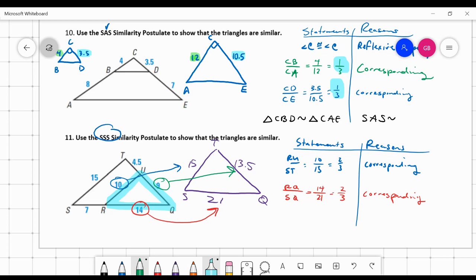So you call that UQ over TQ is equal to 9 over 13.5. Okay. This might be a little bit difficult to see, but you could divide the top and bottom by 4.5 to get 2 over 3 as well. Or if you punch it into the calculator, 9 divided by 13.5, you're going to get 0.666, which is also 2 over 3.